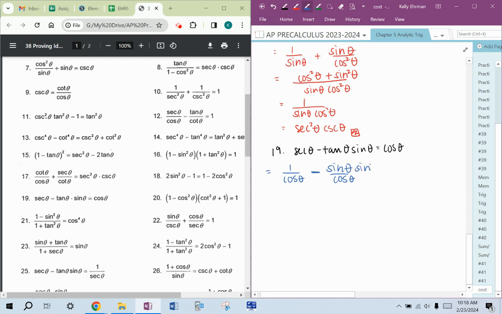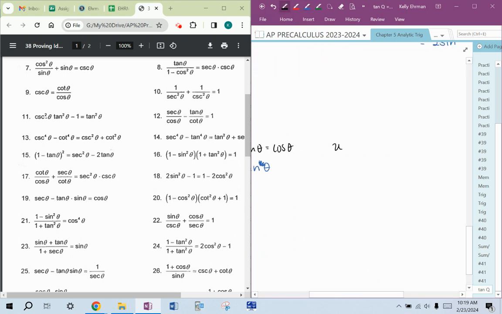These two fractions already have a common denominator, so merge them together. 1 minus, this is now sine squared theta. 1 minus sine squared theta is cosine squared theta over cosine theta, and that cancels or divides out to just cosine theta.